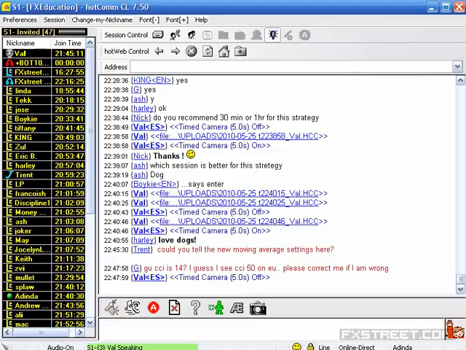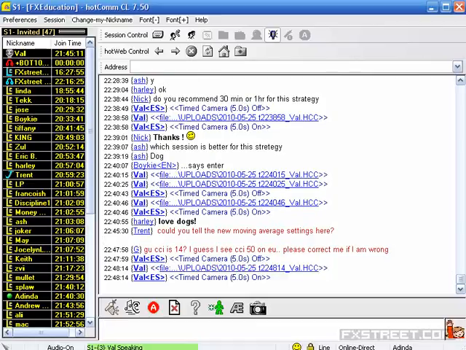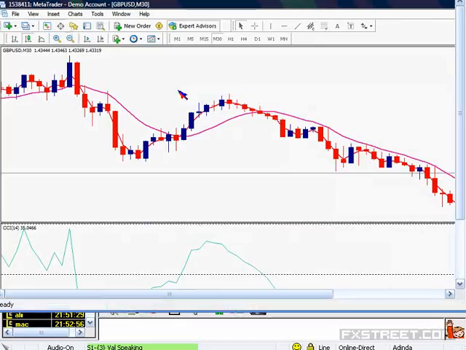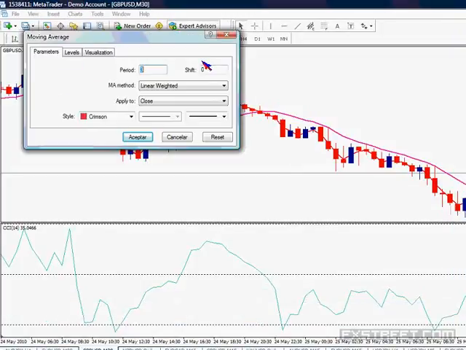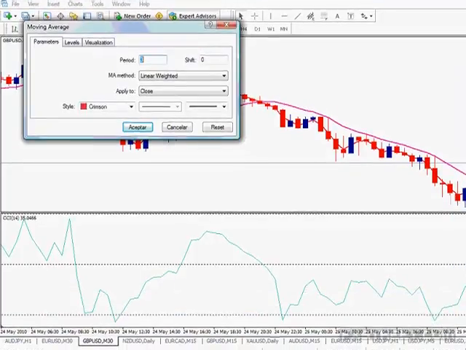Trend asked for a review of the moving average settings here. Yes, no problem. We are going to take a look again at them, so you can copy whatever you want. For pound, and always remember it's a 30-minute chart, it's a 3 period linear weighted applied to close.